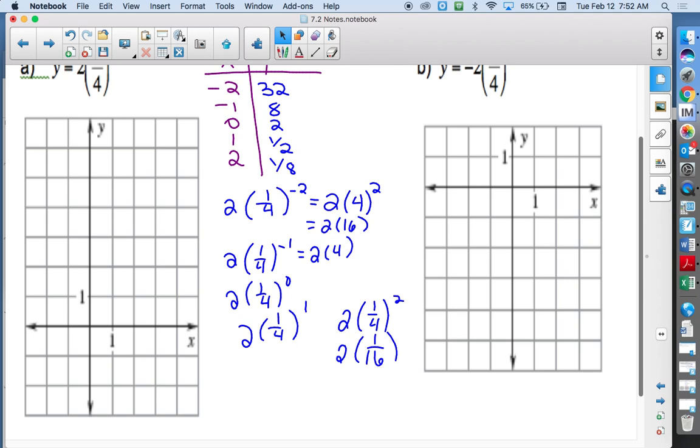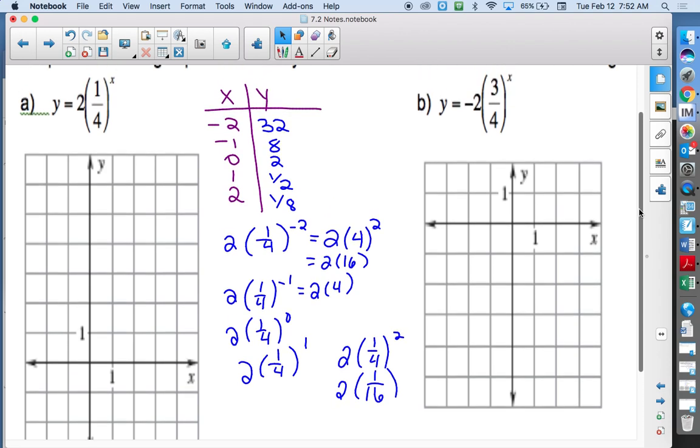So all those powers that we are working on, we're just focusing on those powers but applying them to a graph of an exponent. So the first one at -2, we have 32. Obviously, we can't really graph that. We know it's way high up off the graph. But at -1, we can definitely graph that. It's 8, off the graph. At 0, we're up at 2, and then we have a half and an eighth, and that's when it starts getting smaller.